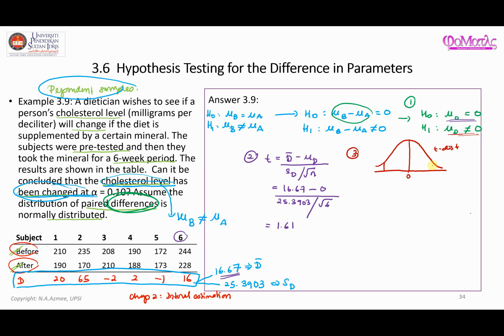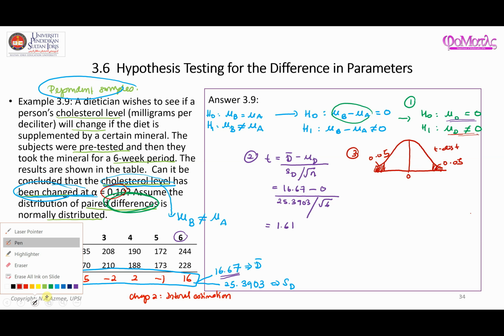Therefore, we have two critical regions, and the area of each critical region is going to be 0.10 divided by 2, so it's going to be 0.05 each.